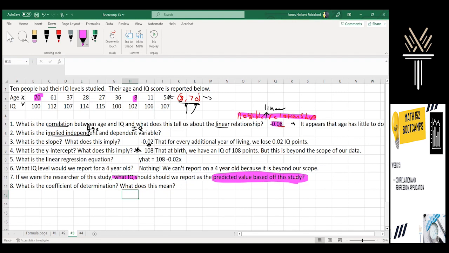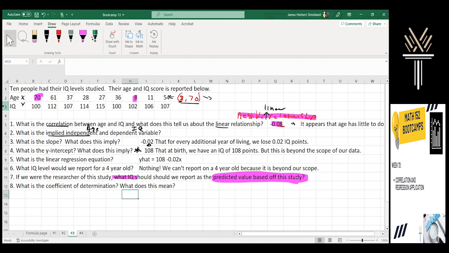And we'll do that in a second to show it. But what do you report then? What's your value that you should report for IQs if the model is bad? But before that, let's actually prove once and for all that the model is just bad.